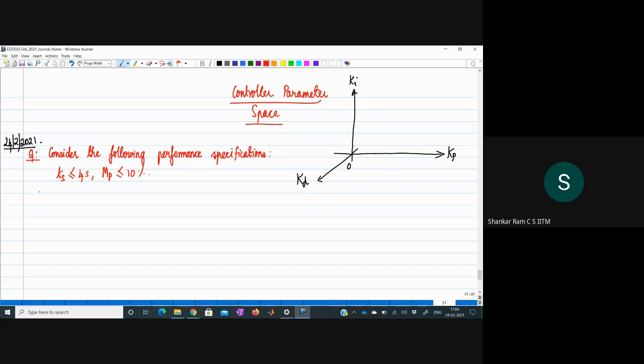Okay? So the task for us is to obtain the corresponding region of closed loop poles. That is, how do we convert these performance requirements into corresponding regions of closed loop poles? That is an important step, right?